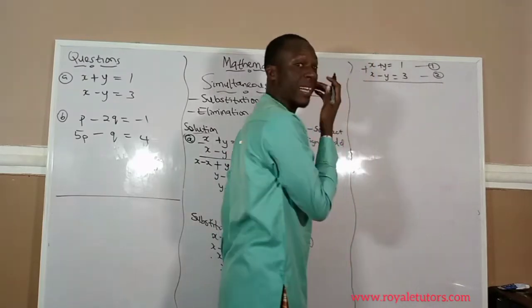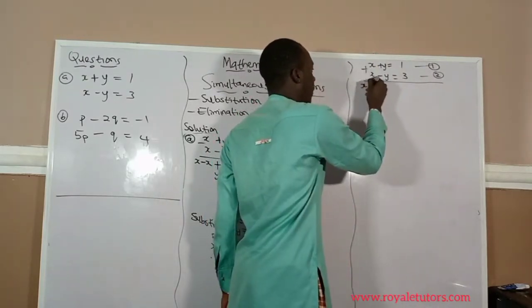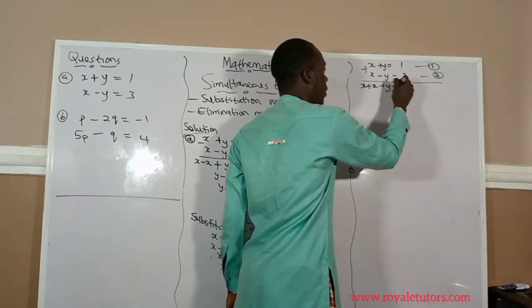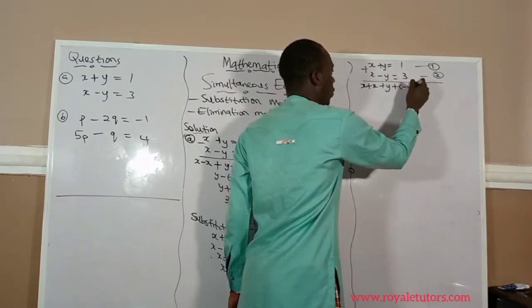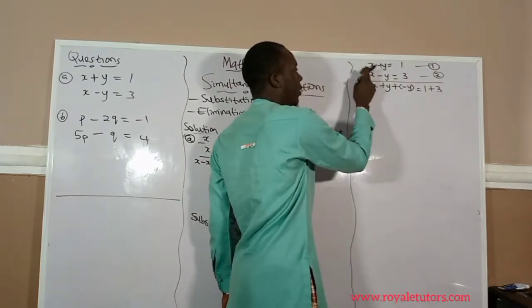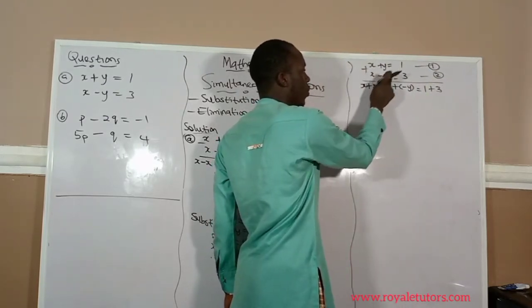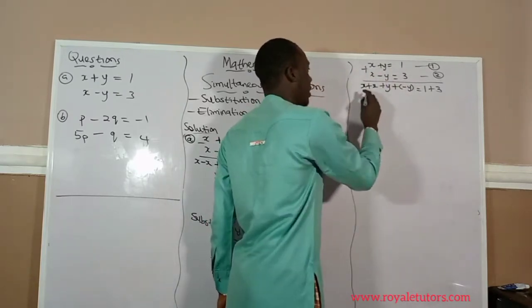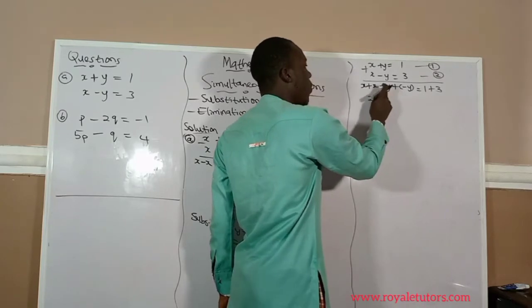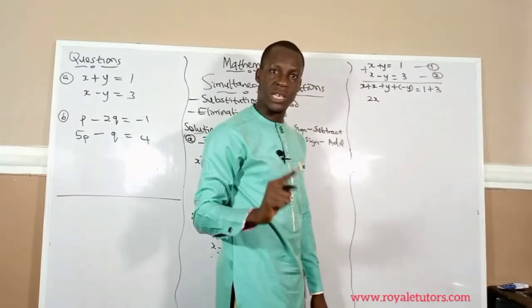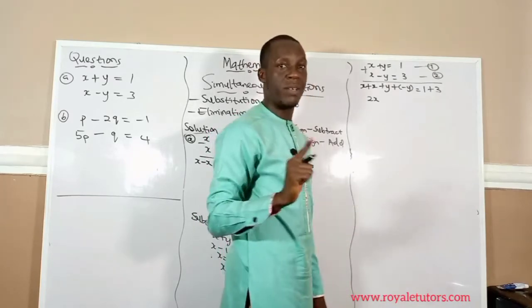So adding that, we're going to have x plus x plus y plus minus y is equal to 1 plus 3. So now let's simplify it. x plus x is 2x. y plus minus y is y minus y, which is obviously 0, which means we've eliminated y.